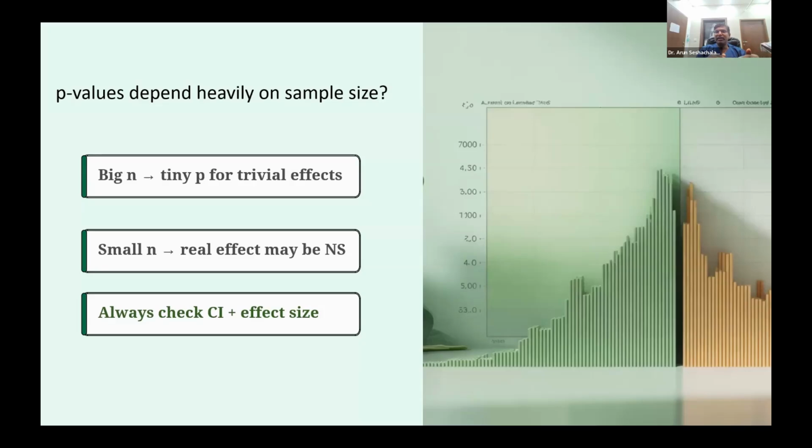Whatever the p-value, hazard ratio, all these things are for the sample. For that sample, you are giving the relative risk, the odds ratio, the hazard ratio. All these things are for the sample.